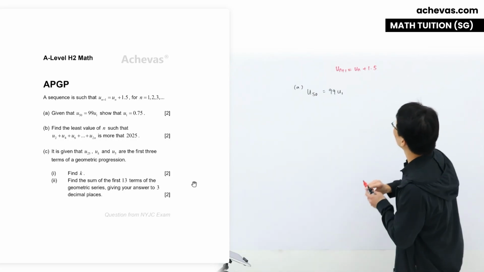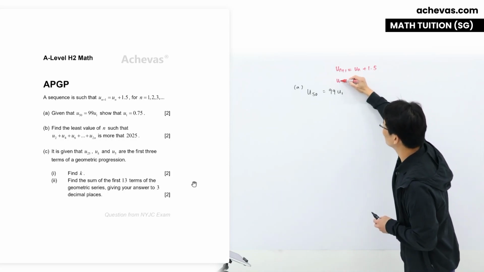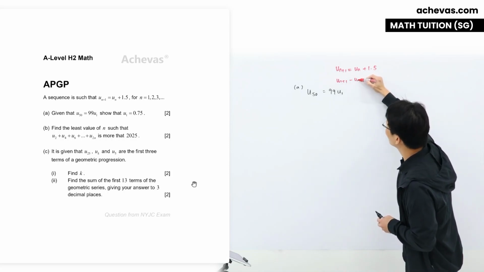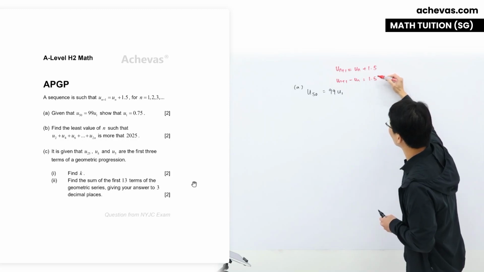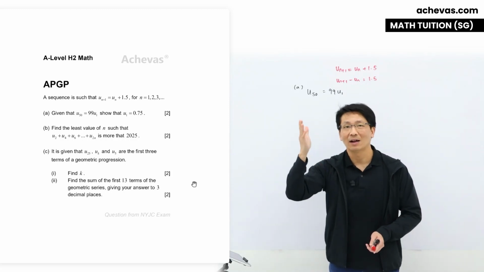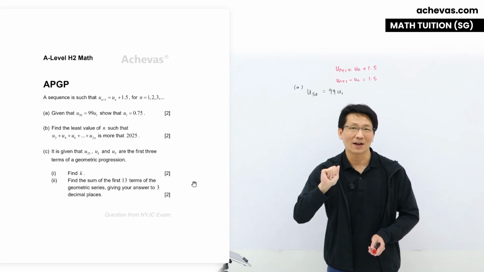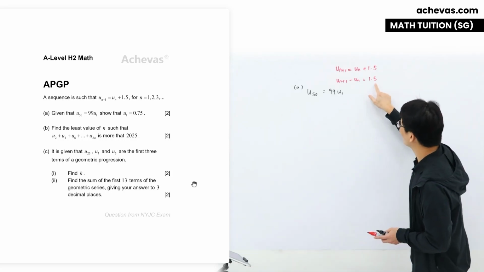Why? Because if I shift this term over to the left-hand side, we have U(n+1) minus Un equal to 1.5. So this expression means that if I take the n plus 1 term minus its preceding term, it always gives us a constant value, 1.5.